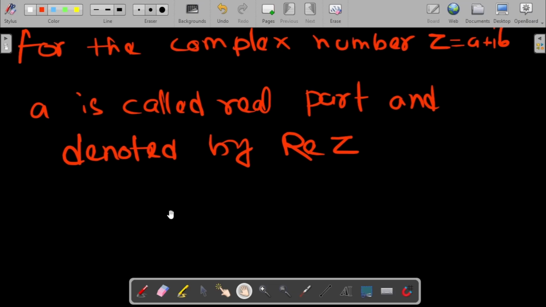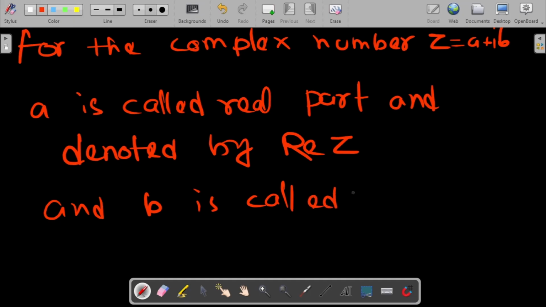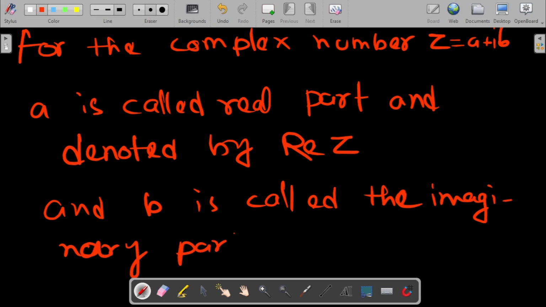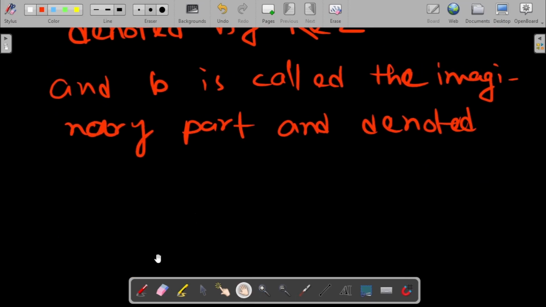And b is called the imaginary part and is denoted by Im z.